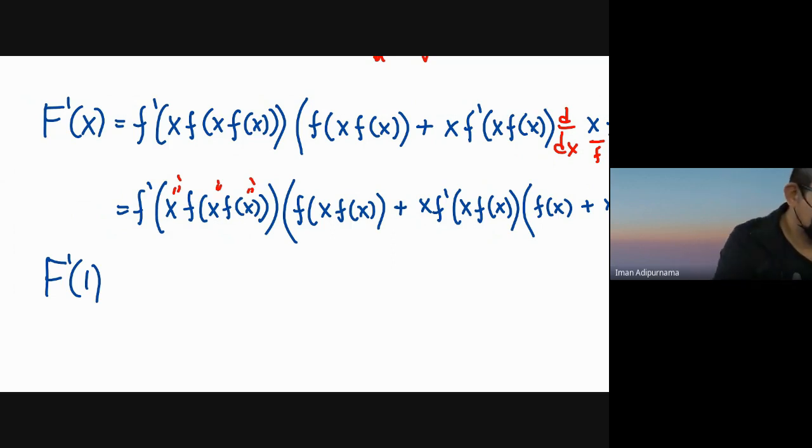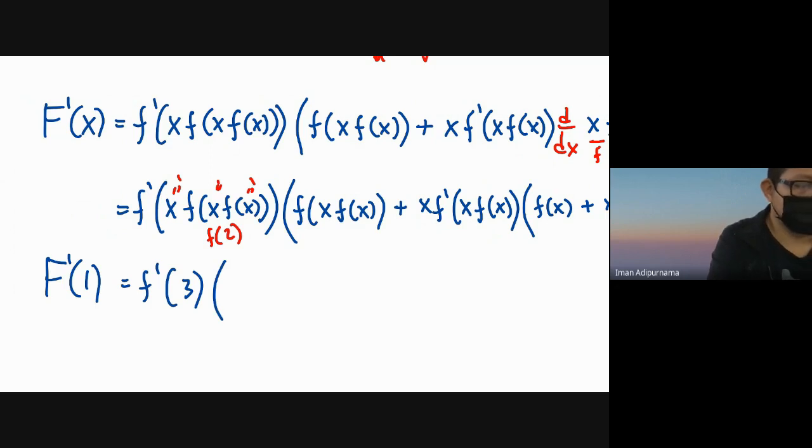Yeah, f(1) is 2. So this will be f(2). f(2) is 3. So this will be f prime of 3, and this will be 1, f(1) is 2, f(2) is 3. So this will be 3.